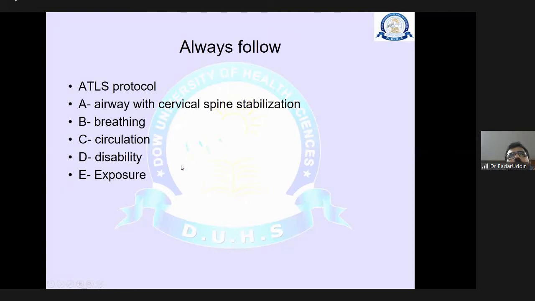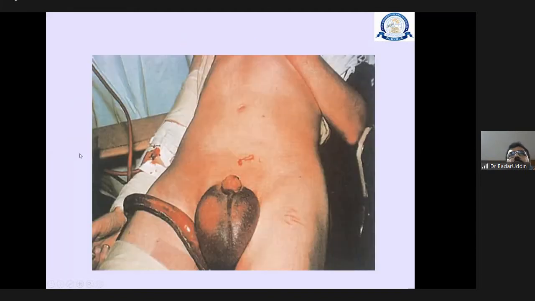Once you follow these, there are fewer chances that injuries will be missed. So try to avoid missing injuries in the first instance, because once missed, everything till the last will be missed as well. So look at the abdomen and external genitalia. Whenever pelvic trauma is there, always suspect scrotal hematoma, because when the urethra gets ruptured, blood comes into the scrotum.